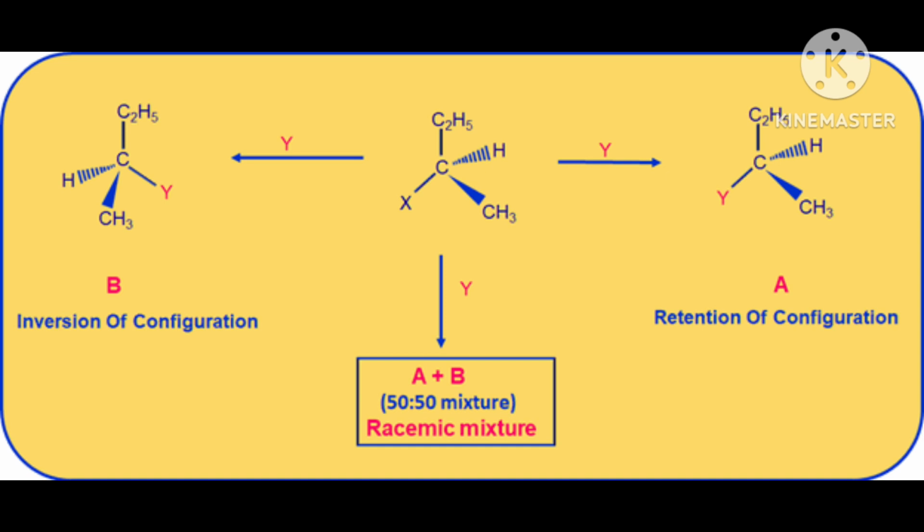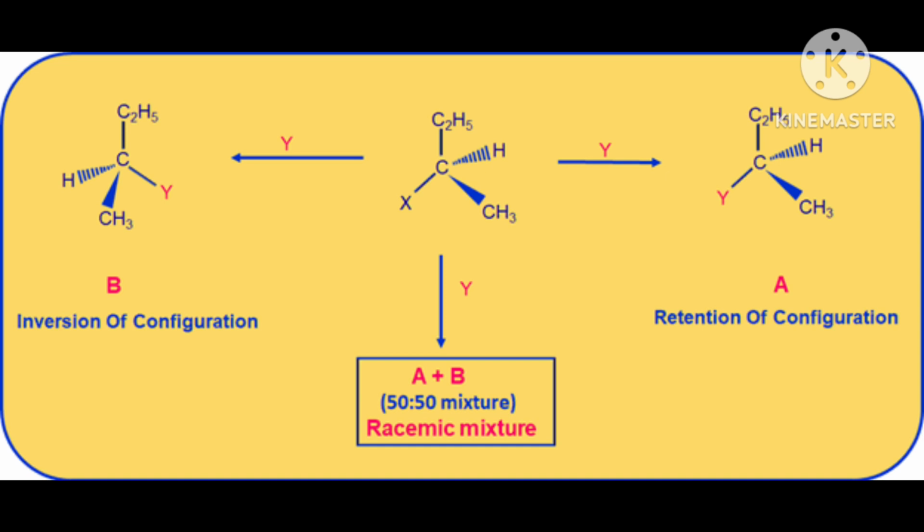In general, if during a reaction no bond to the stereo center is broken, meaning asymmetric, all are different. A, B, C, X, all four are different. That's why it is called asymmetric, also called a stereo center.